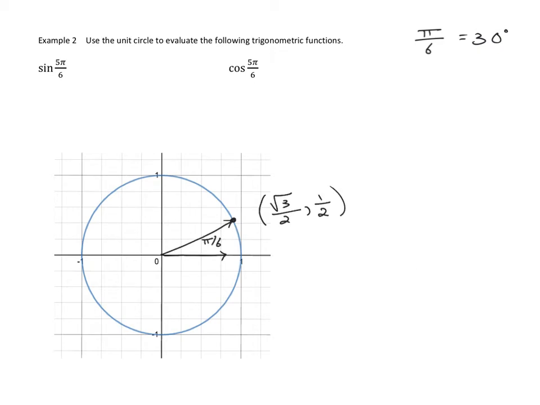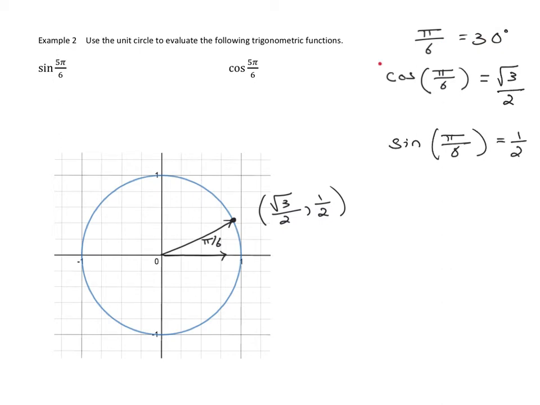So we have to know those two things first. And also, I know that cosine of pi over 6 is the x-coordinate of this point. That's by definition of cosine, and so the answer is root 3 over 2. Likewise, sine of pi over 6 is going to be the y-coordinate, and so that is 1/2.